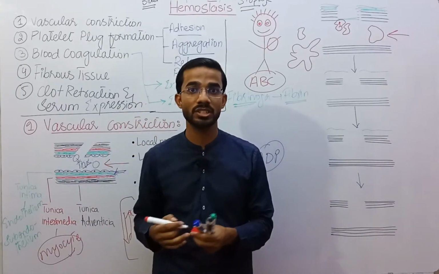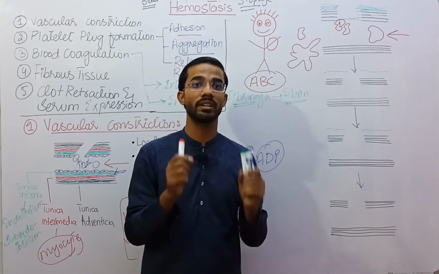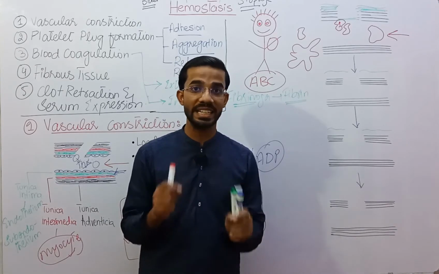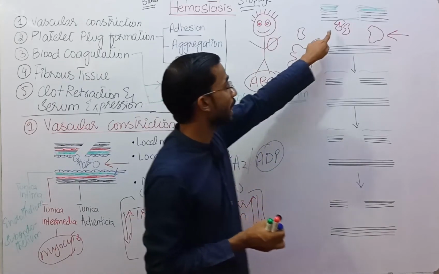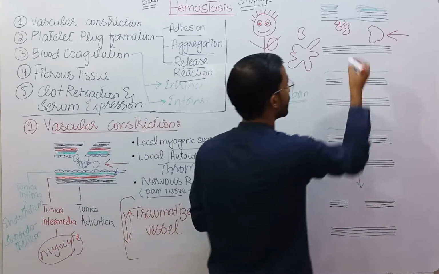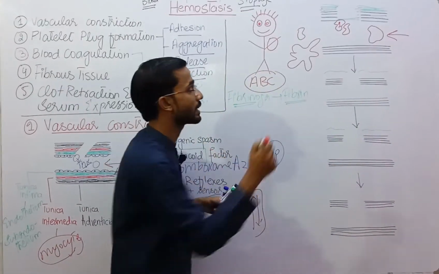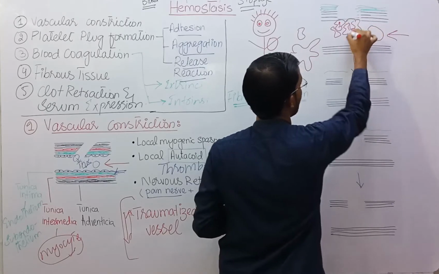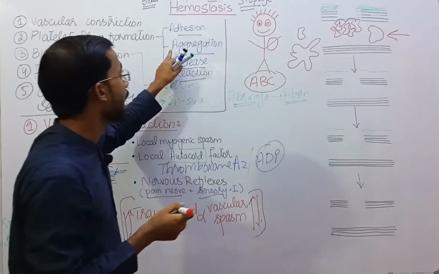as we have discussed in the previous lectures that the platelets have granules, electron dense granules, which contain the ADP released by the platelets and attract more platelets, and more platelets attach to the number one platelet. This is called aggregation.